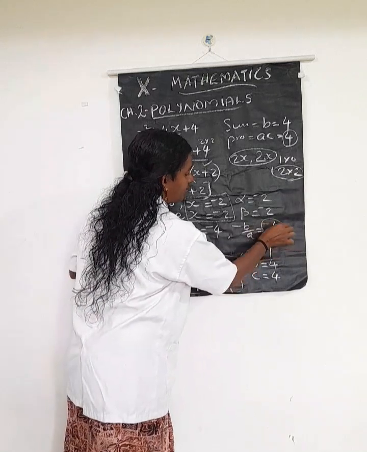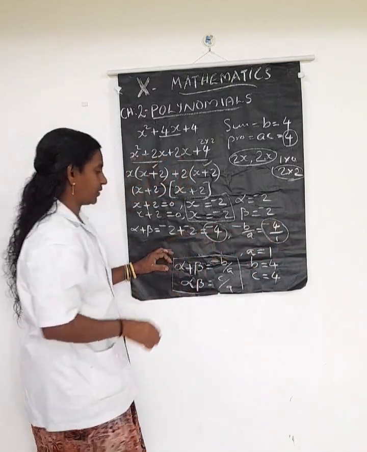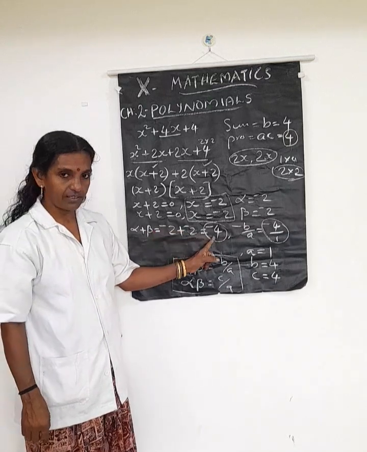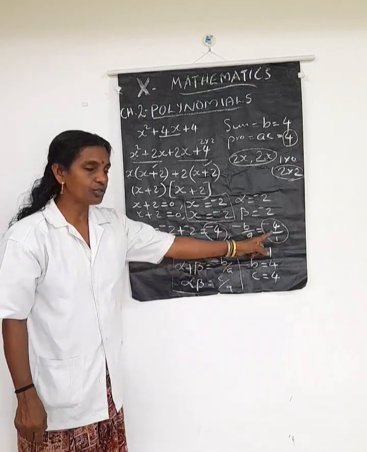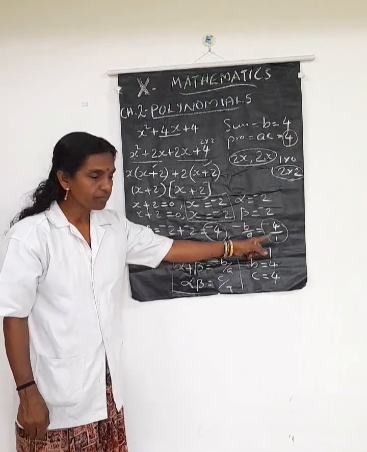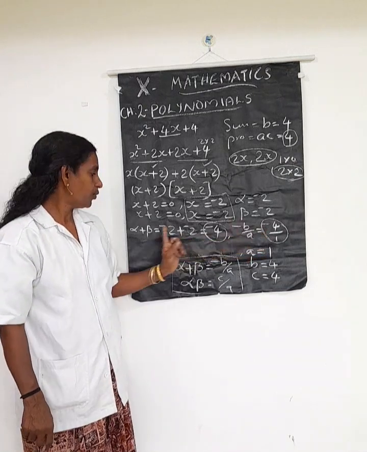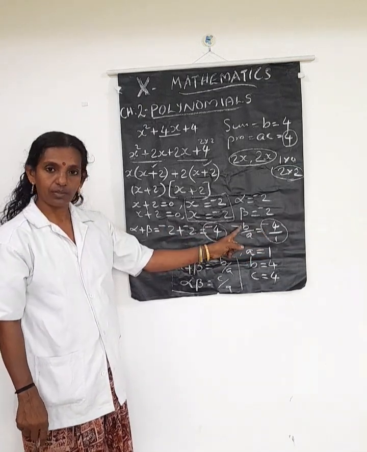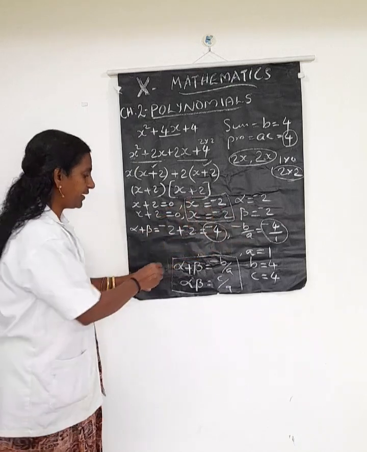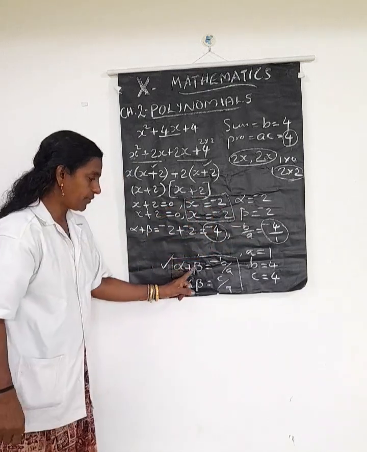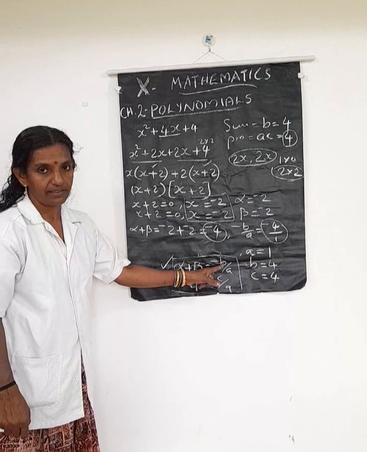So you can see that alpha plus beta you got negative 4. Negative b by a also negative 4. Negative 4 by 1 is same as negative 4. So both these are equal. That is, you have verified this condition: alpha plus beta equal to negative b by a.